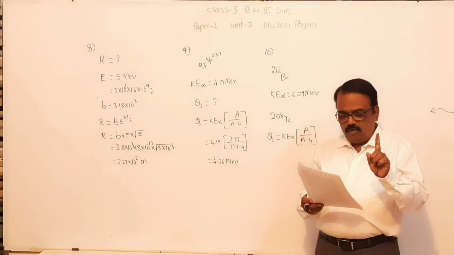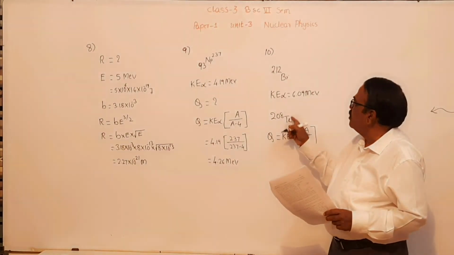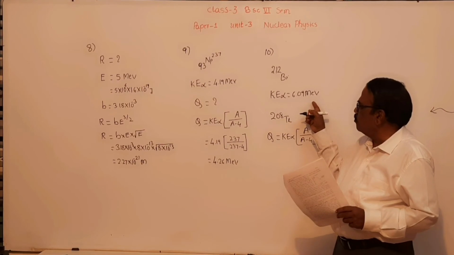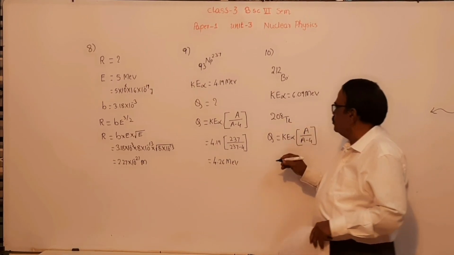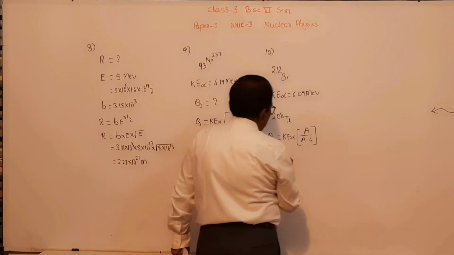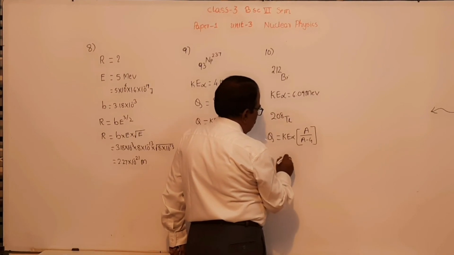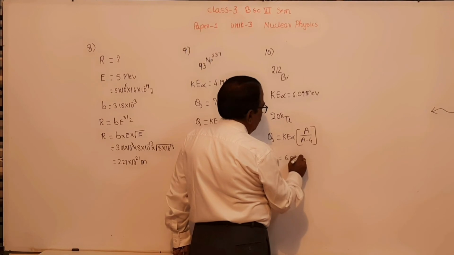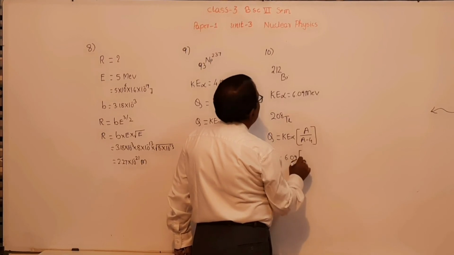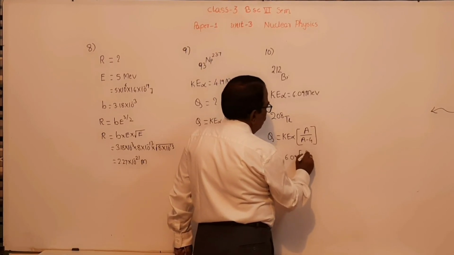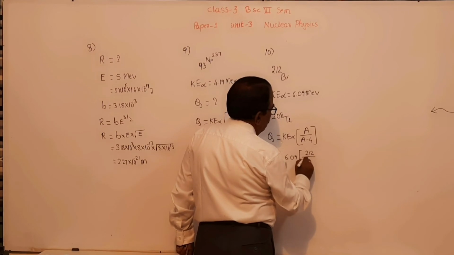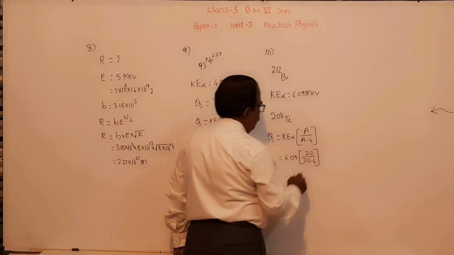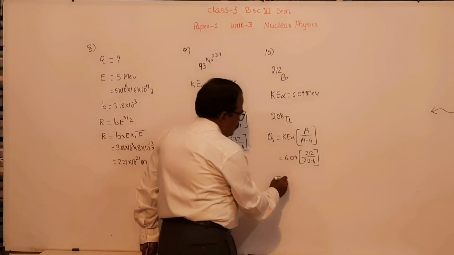Now only one kinetic energy is given, KE alpha 6.09 mega electron volts. Then you have to substitute here 6.09 mega electron volts. A is 212 upon 212 minus 4. You simplify this.